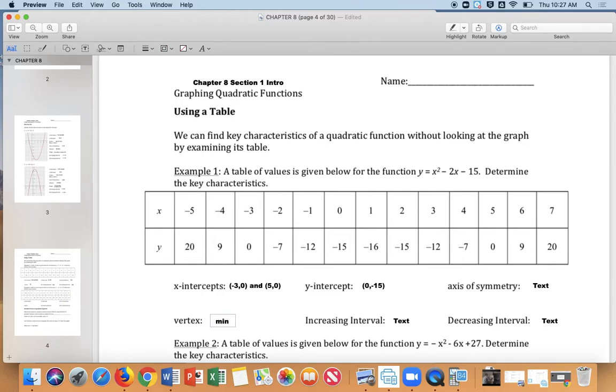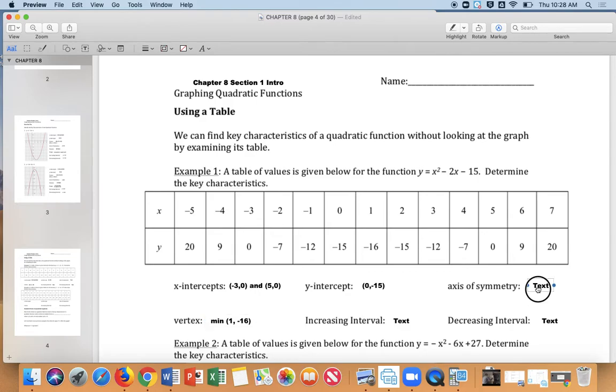And my point is 1, -16. So one more time, my values are going down, and now all of a sudden they go back up. The point where that changes from going down to going up is my vertex, and it's a min because it went down then up. So that is my vertex.